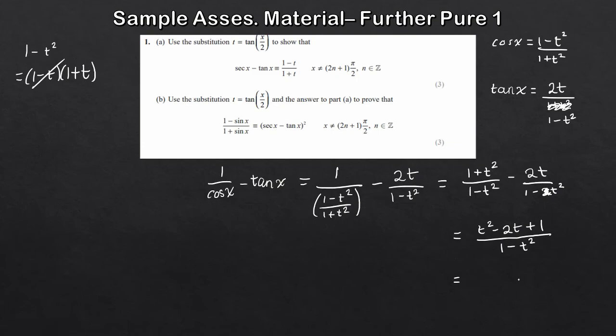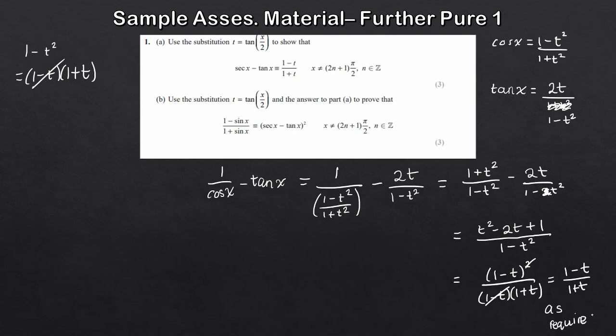Well, the numerator factorises as 1 minus t all squared, and my denominator is a difference of two squares. So if you cancel one of the numerator factors with one of the denominator factors, all we get left with is 1 minus t over 1 plus t, exactly as required.